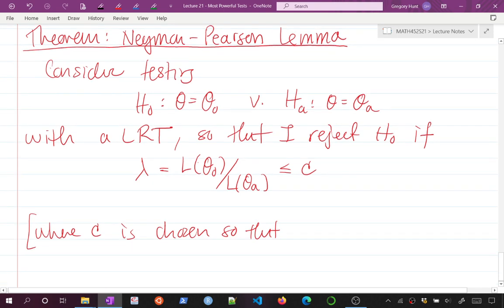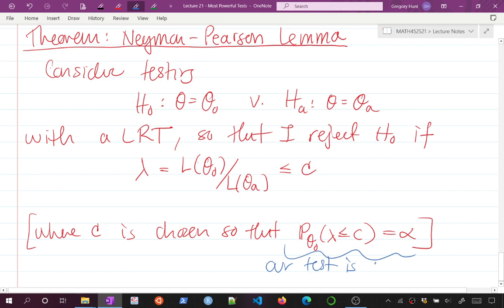So we're testing this simple hypothesis, theta naught versus theta A. We're going to use this LRT, and we're going to choose C so that my type 1 error probability is alpha. So this is ensuring that our test is size alpha.